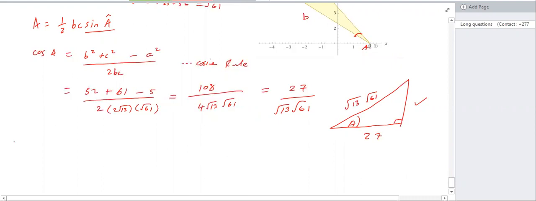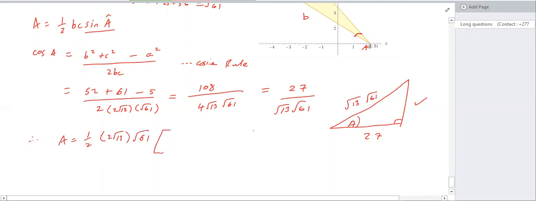So area is equal to half BC. BC is square root of 52 times square root of 61. Square root of 52 was 2 root 13, square root of 61.